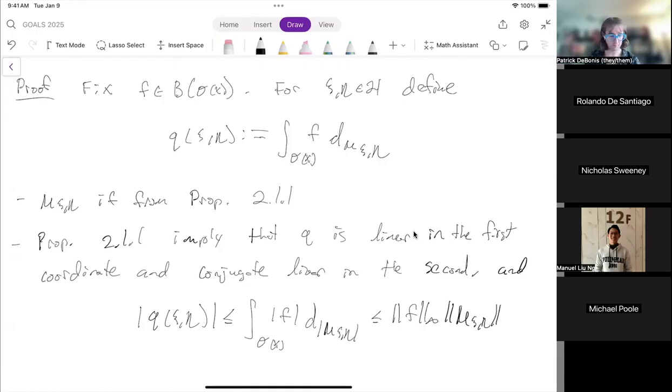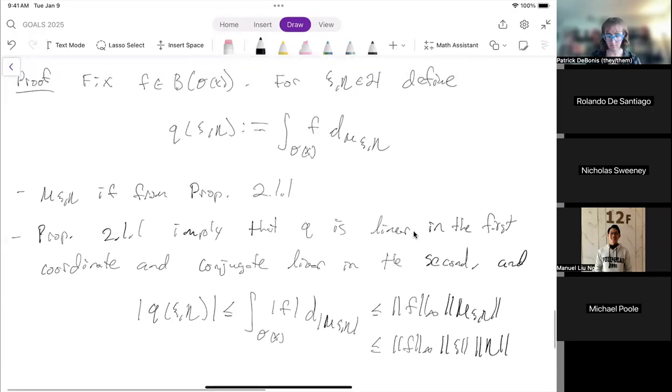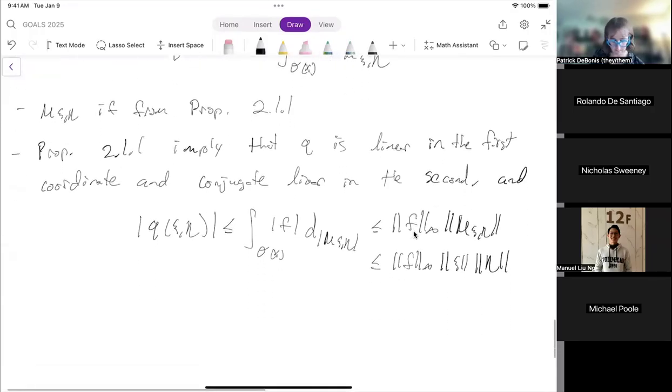And remember from the first proposition 2.1.1, we know that this measure is then bounded by the norm of the two vectors. And so we conclude that Q is a bounded sesquilinear form.